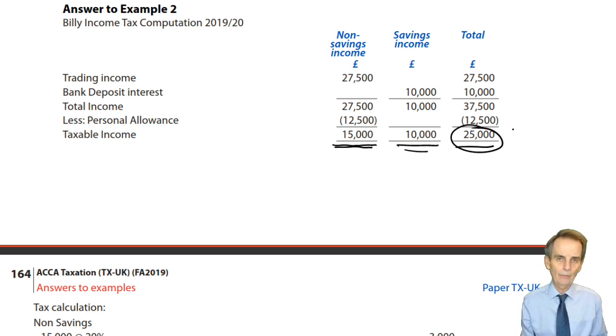You are therefore a basic rate taxpayer, only a basic rate taxpayer. A basic rate taxpayer with savings income. Therefore, a savings income nil rate band of how much for a basic rate taxpayer? £1,000 is available to a basic rate taxpayer.